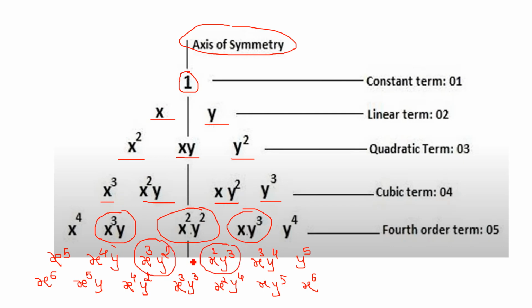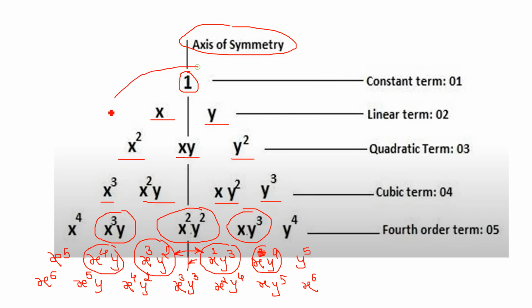These 2 elements, because these are nearer to the axis of symmetry, instead of selecting x raised to 4 y and x y raised to 4. Why are we selecting these two instead of those two? Because these two are nearer to the axis of symmetry, right?